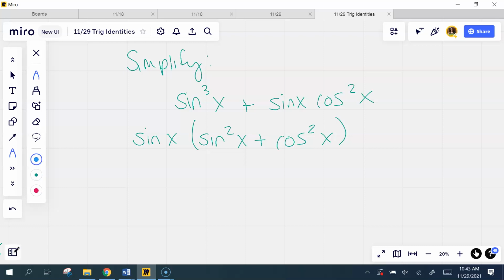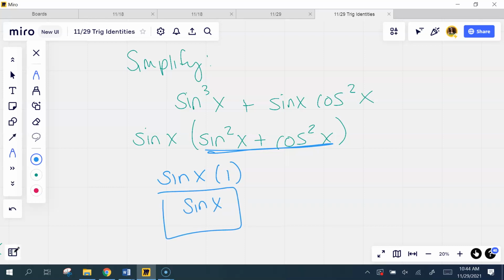Now, this looks like the Pythagorean identity, right? And anytime I have sine squared plus cosine squared, what does it equal? 1. So I have sine x times 1, which is just sine x. Does that look more simple than what I started with? Yes.